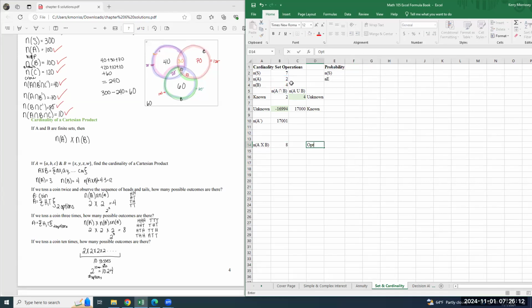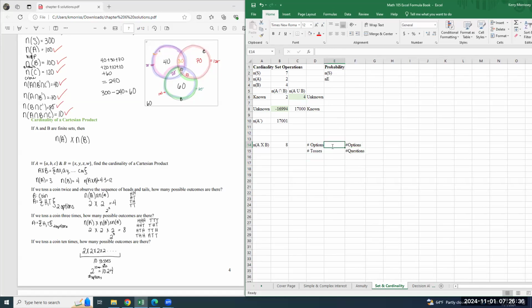You could say we have the number of options, then the number of tosses, or you could say, okay, maybe a different question, we have the number of options and the number of questions. So we'd have equals the number of options.